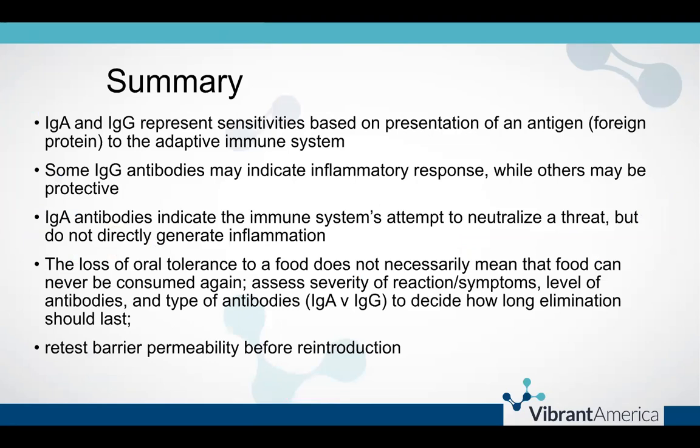Again, go back and watch the wheat zoomer modules and understand what we mean by retesting barrier permeability, because if we assume that we have healed the gut simply because the patient is asymptomatic, but they're on lots of supplements that may be suppressing inflammatory symptoms, or they've simply just eliminated an inflammatory food, that doesn't guarantee that the antibodies have come down, for instance, on an intestinal permeability panel.